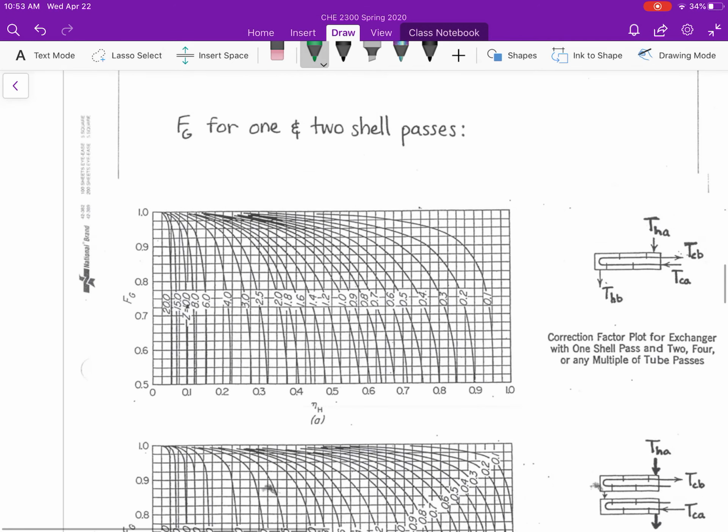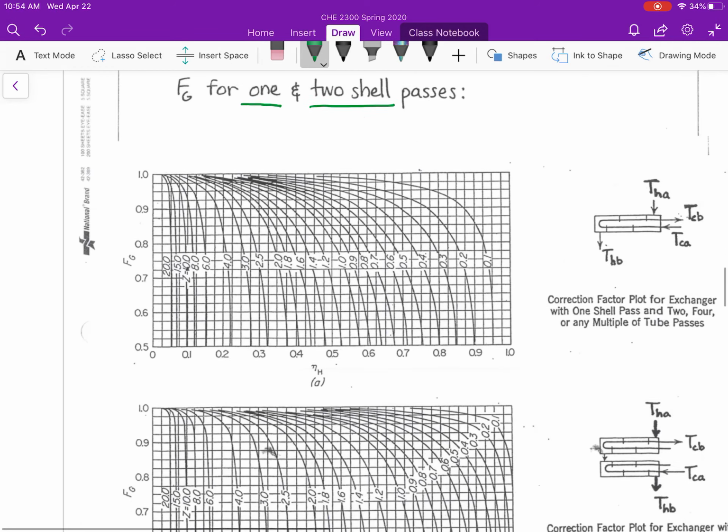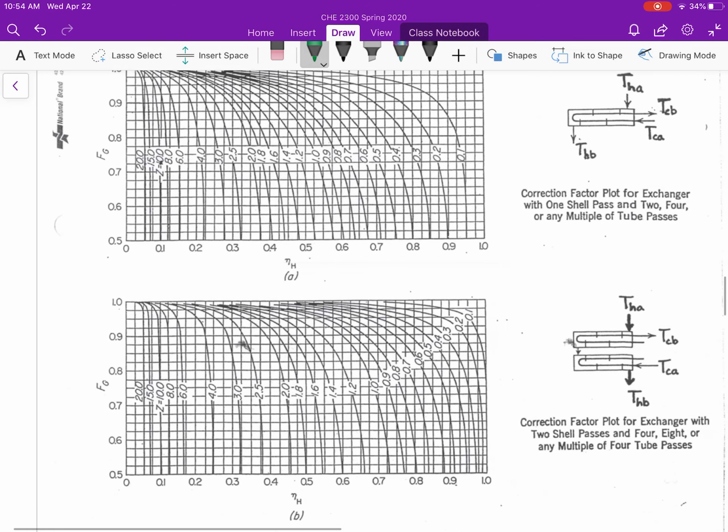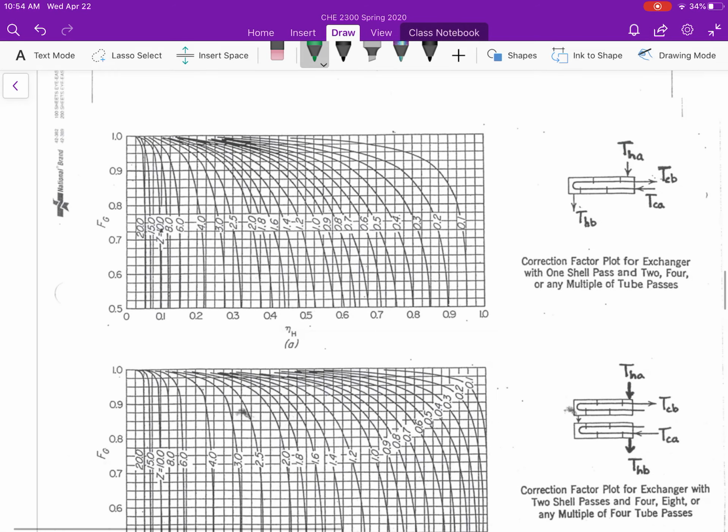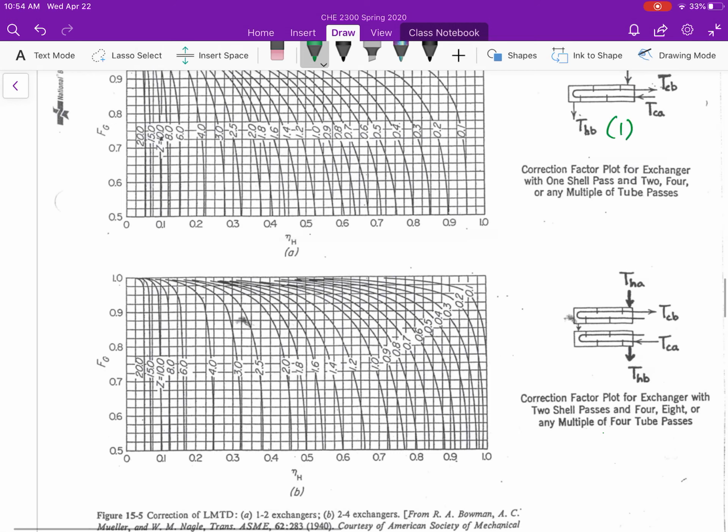So here we have a correction factor for 1 and 2 shell passes. Here we have our chart for 1 shell pass, and below we have our chart for 2 shell passes.